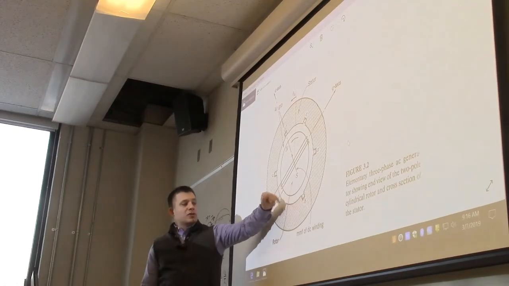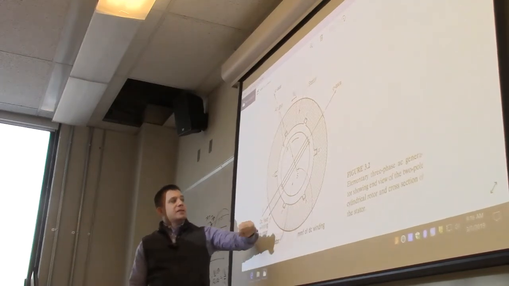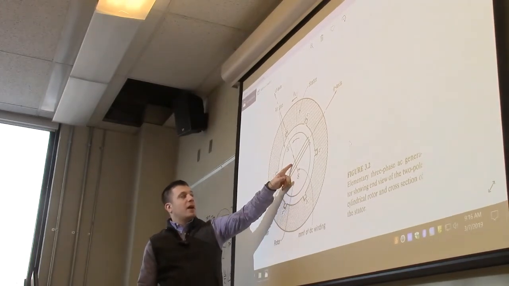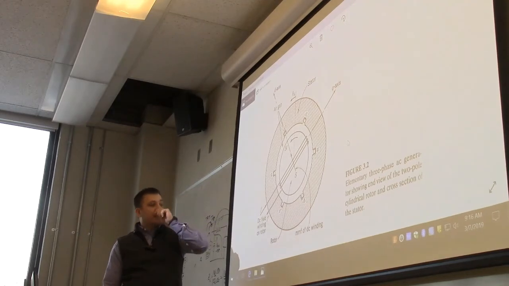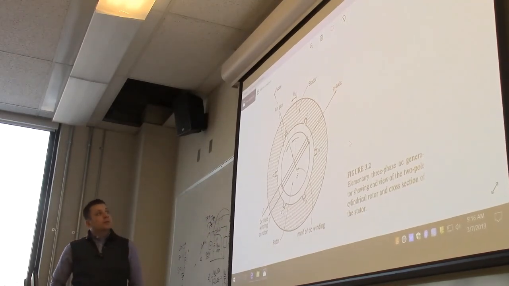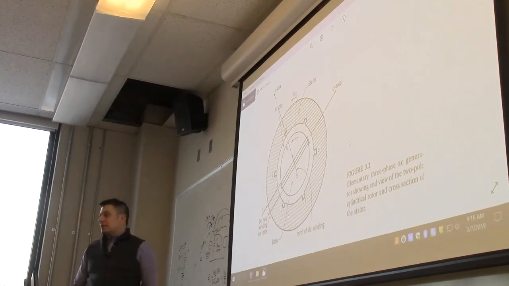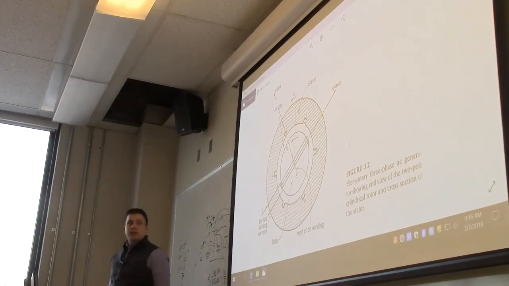Again, we have the rotor, which is the part that turns. We have the stator. And then we have the MMF of the DC winding, which is the magnetomotive force. We have the D axis and the Q axis. This is one of the things that we'll be using in this chapter.